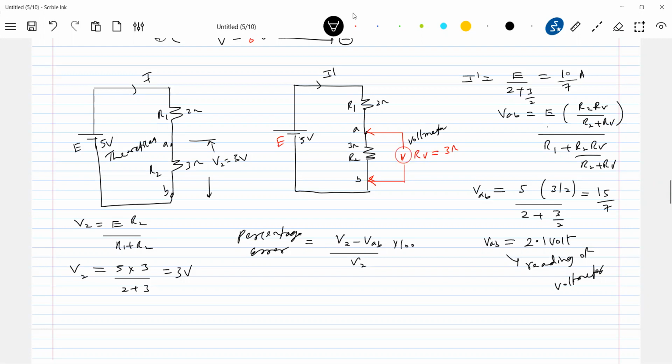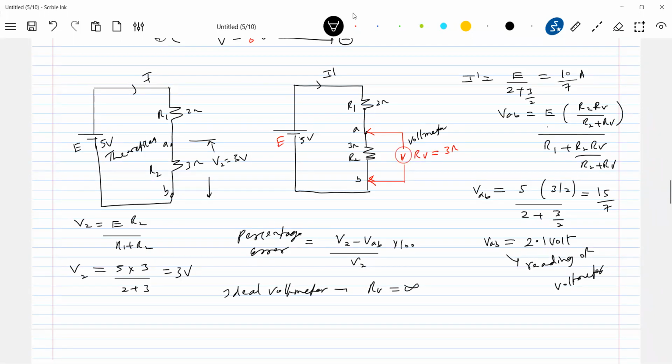Are you getting this one? So what is an ideal voltmeter? The internal resistance RV of an ideal voltmeter will be infinity. A practical voltmeter will have RV of some larger value. Is an ideal voltmeter possible? Not possible. We can't do anything about that, it exists only on paper.